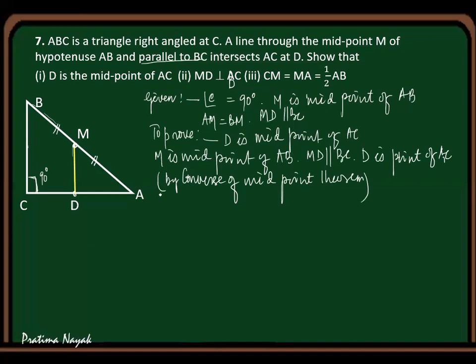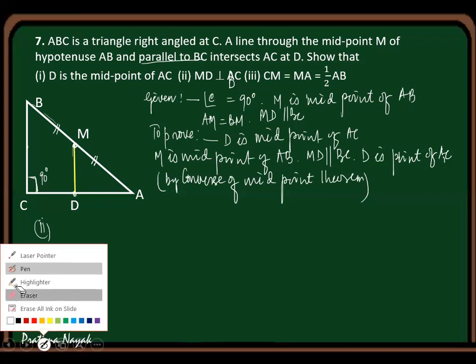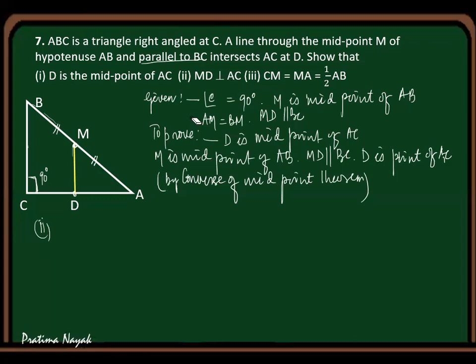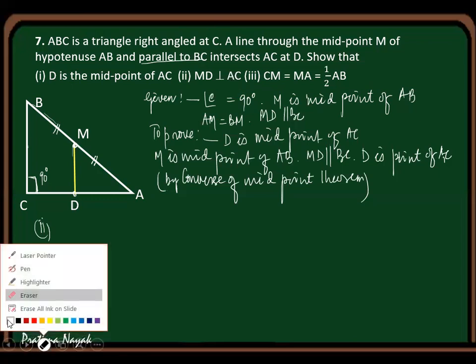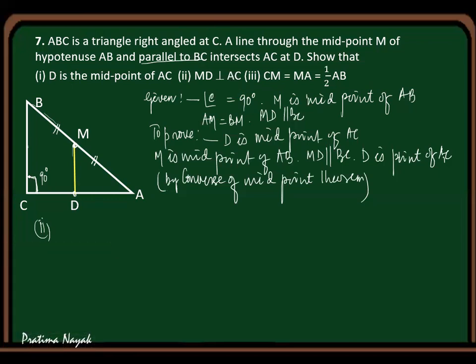First part is over. Now coming to the second part. MD is perpendicular to AC. Yes, it is not BC, the question was correct. What was it? It was BC. If MD is parallel to BC and angle C is 90 degrees, then D must be 90 degrees. Corresponding angle.